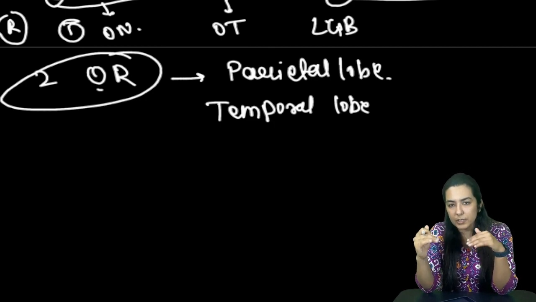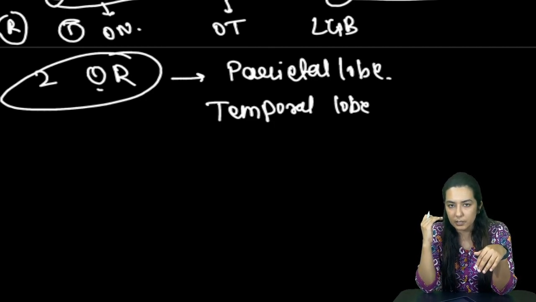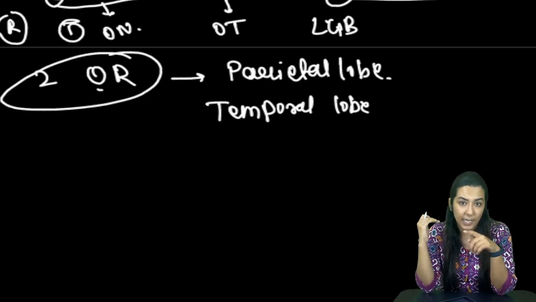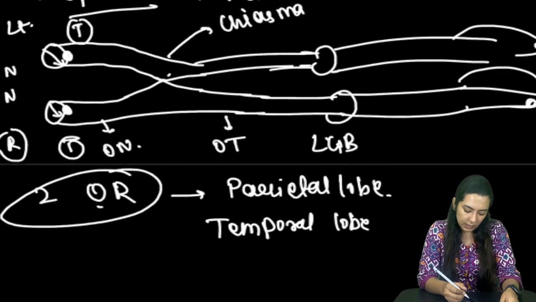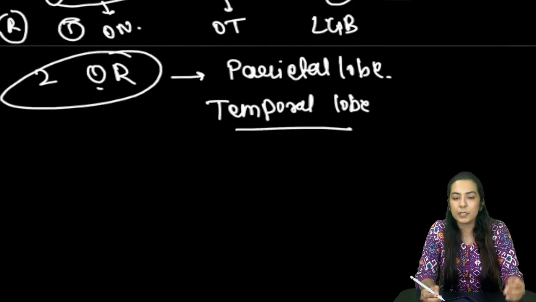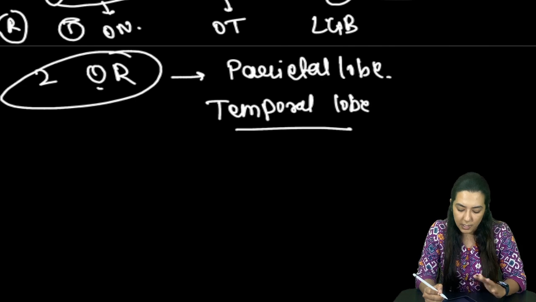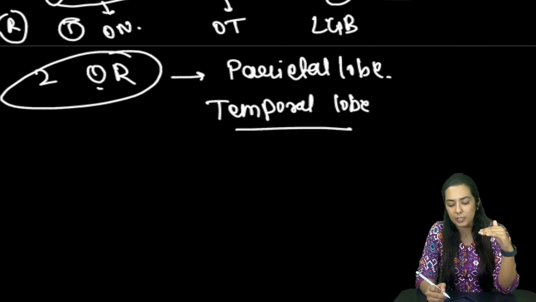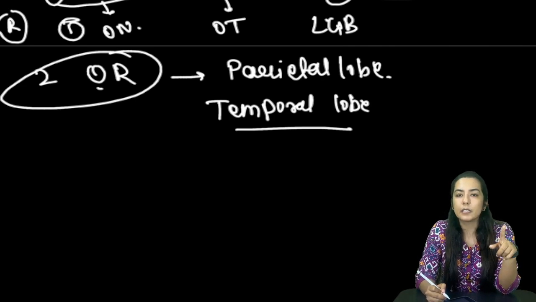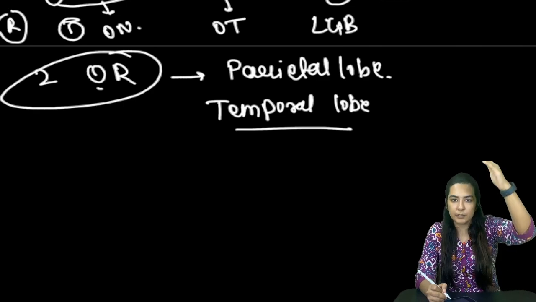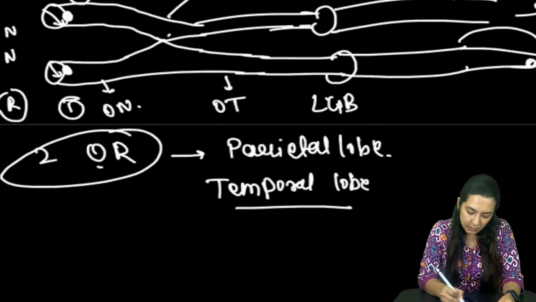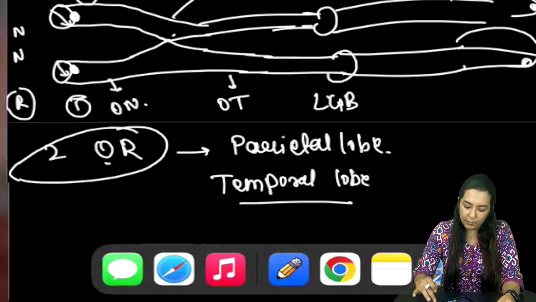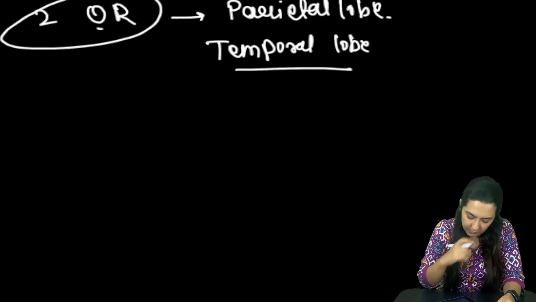So the parietal lobe, which has the superior or upper optic radiation, will be carrying the lower visual field. Okay, and the temporal lobe is inferiorly present, so the optic radiation in the temporal lobe will be carrying the vision from the superior visual field, so it is opposite, just like nasal and temporal. The parietal lobe and temporal lobe will be carrying opposite visual fields.